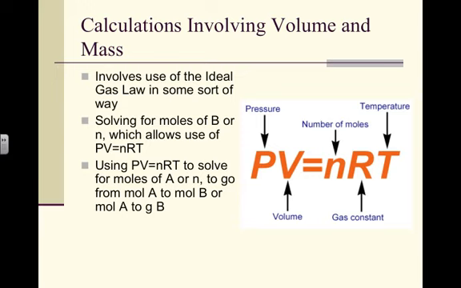In this case, there are 4 variables, or rather 3 out of the 4, that you have to plug in. But the one that you really have to pay attention to is the unit that the pressure is in and how it affects your R, or gas constant. So you have to memorize if it's in atmospheres, what kind of R you will have, or if it's in kilopascals or torr.